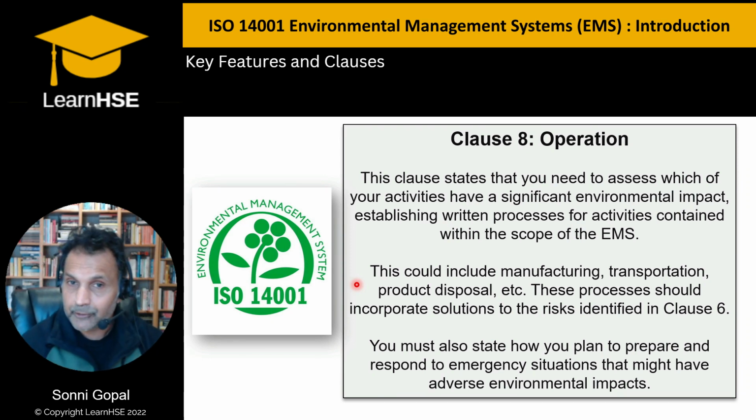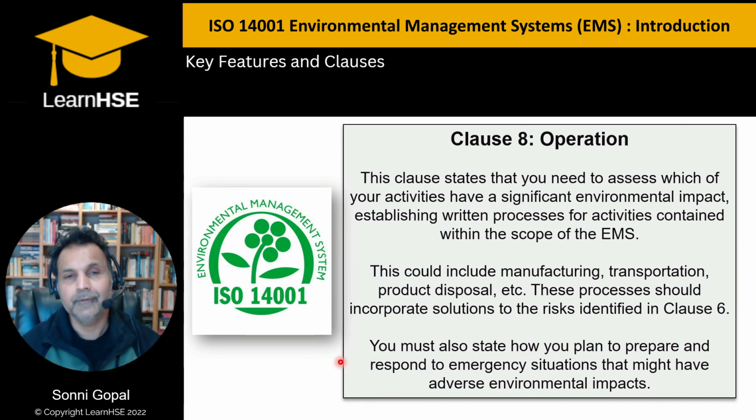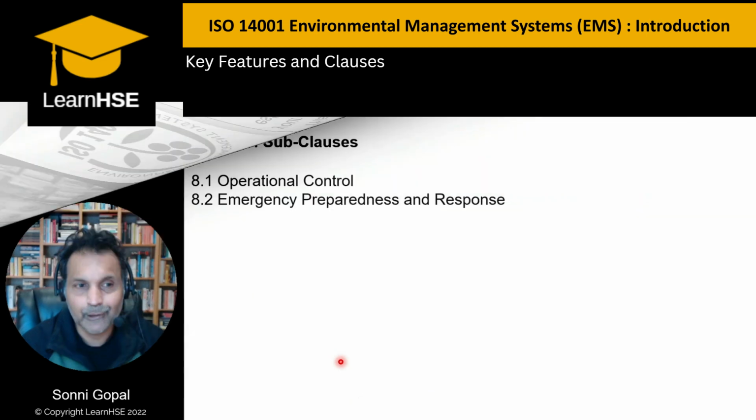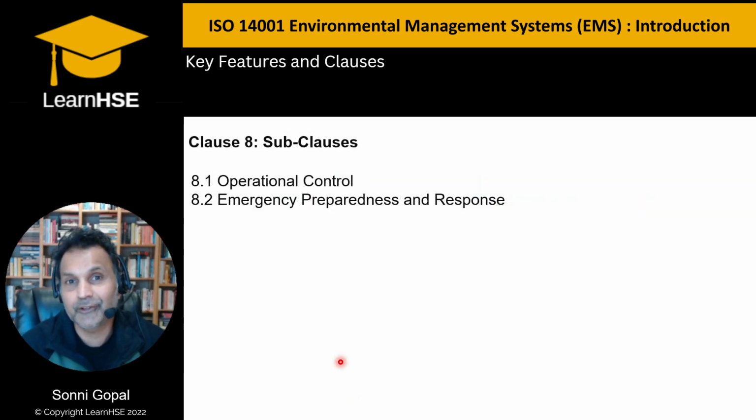If we take a step back, you remember the life cycle analysis piece, and this is a similar sort of analogy to that. And the organization should also state how they plan to prepare and respond to emergency situations that might have adverse environmental impacts. Clause 8 is not as sub-clause heavy as clause 6 and clause 7.